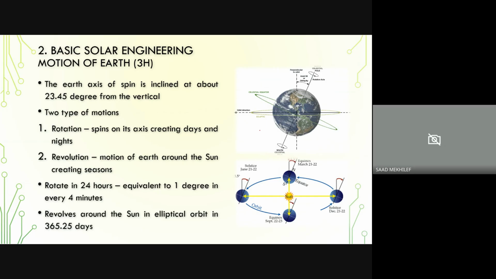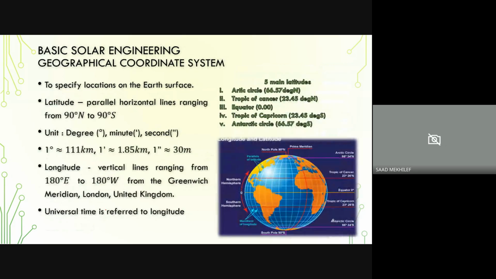It rotates around itself, and it rotates around the sun. It rotates with an angle, which we call the axial tilt, and this angle is around 23.45 degrees. The rotation of the Earth around the sun creates the seasons, and the rotation on its axis creates the days and nights. I think all of us know this.